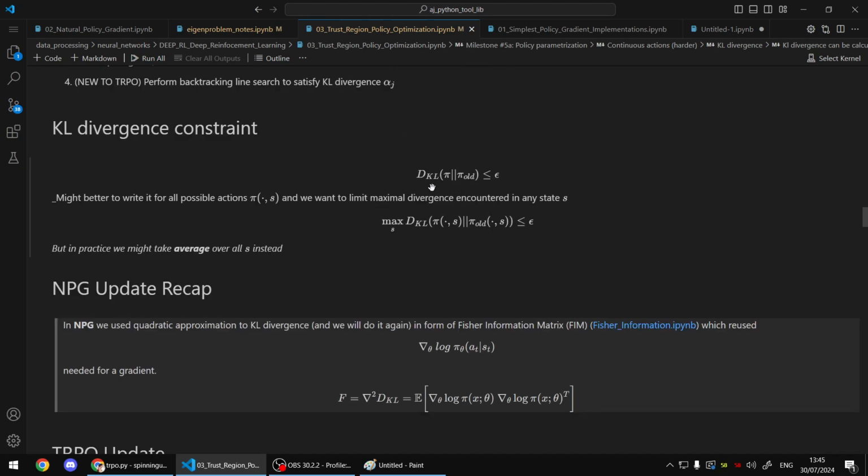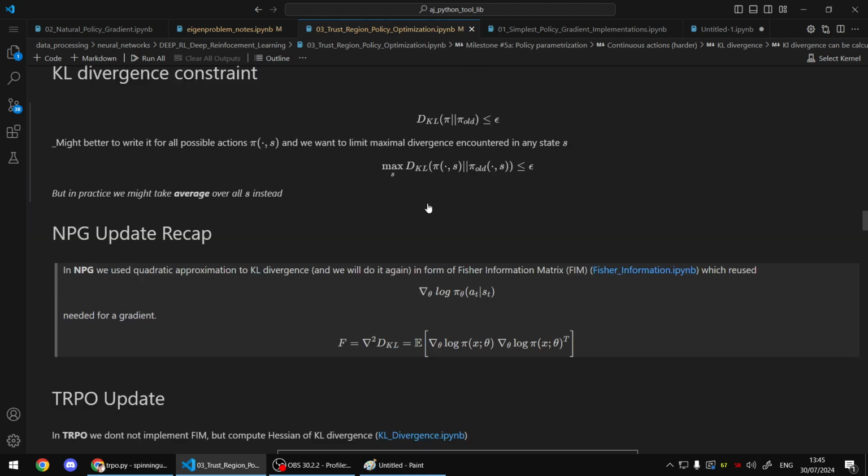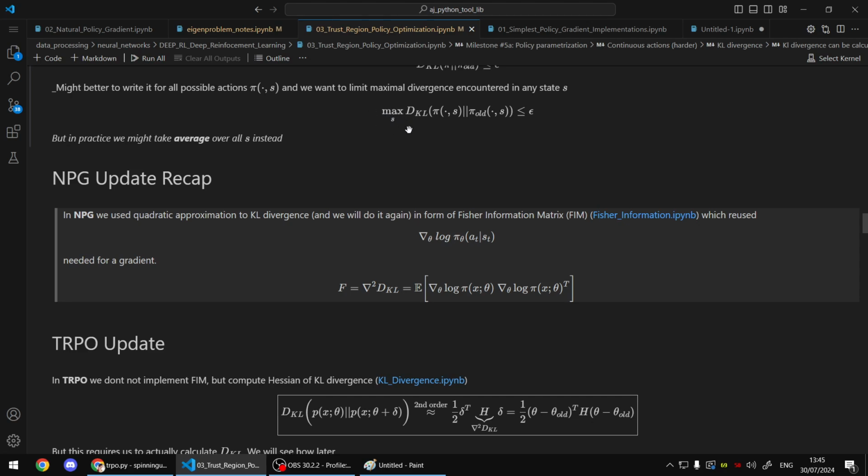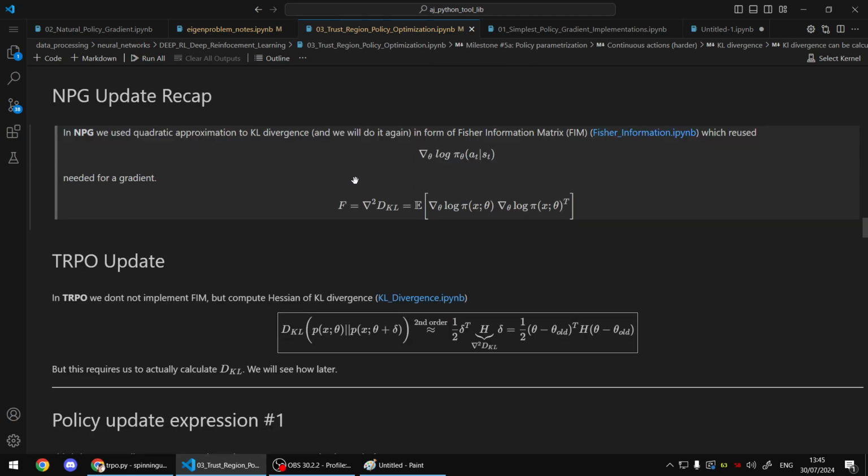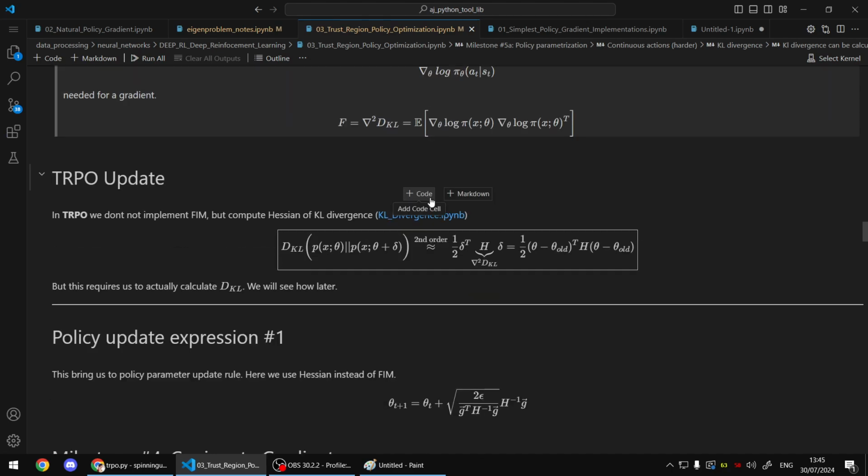Then again, I mentioned that for KL divergence, instead of max, we have to average. So the Hessian will be, instead of Fisher, one step back.